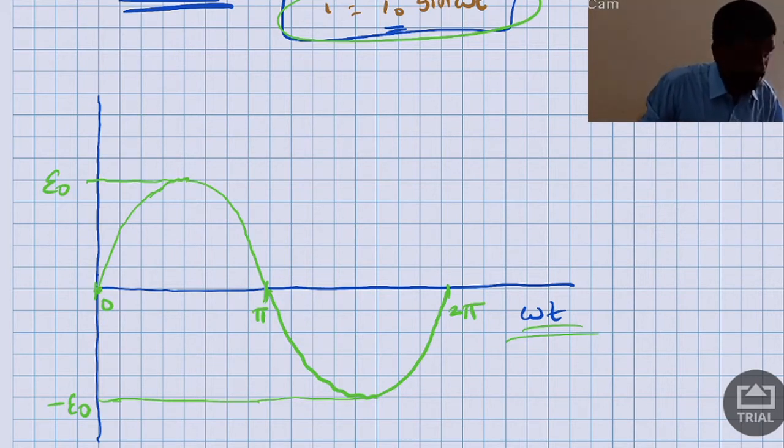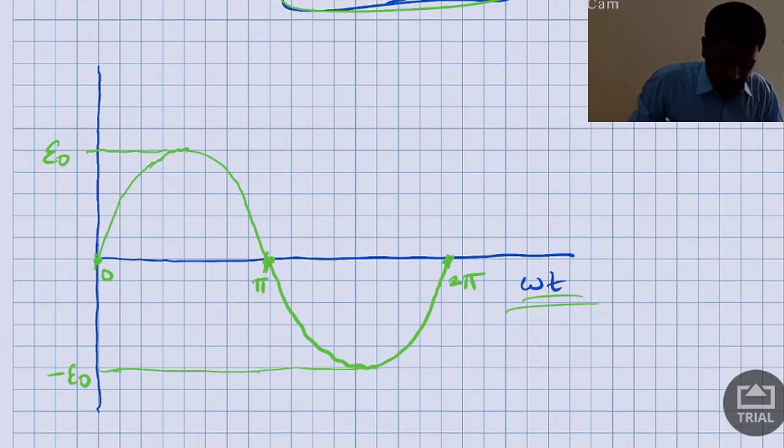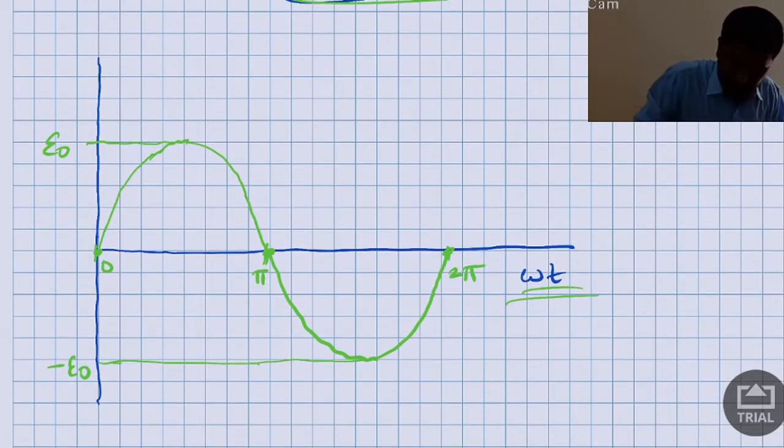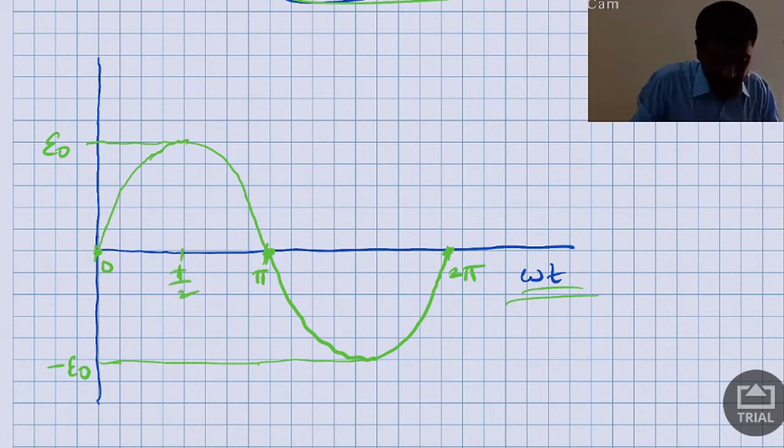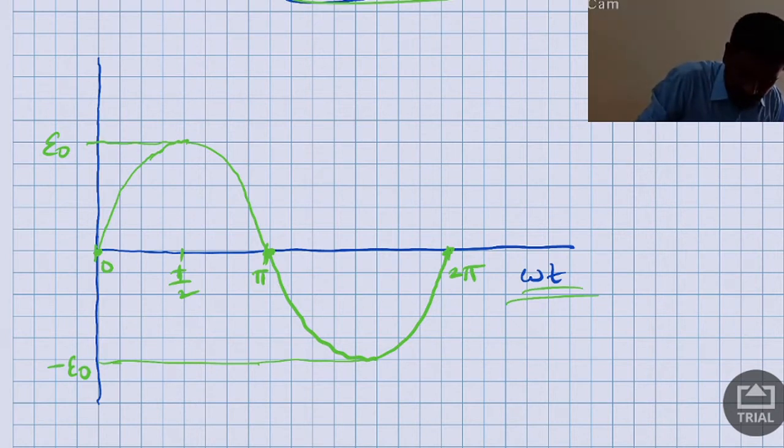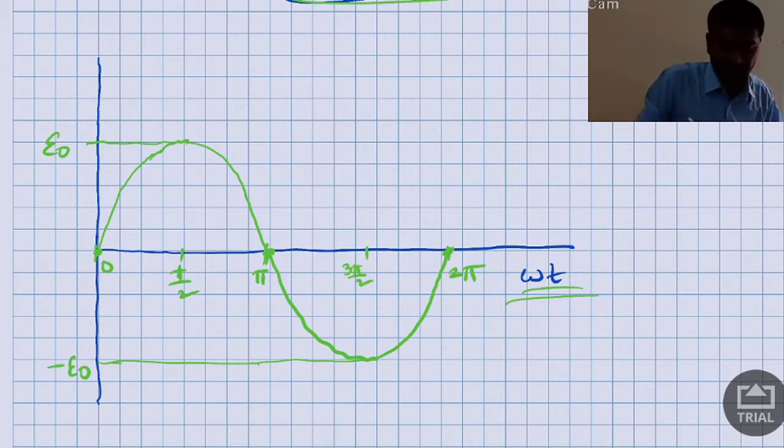When omega t is pi, your EMF is once again 0. When omega t is 2 pi, again you get 0. At omega t equals pi by 2, you get the maximum signal, E0. When omega t is 3 pi by 2, once again you get the minimum.